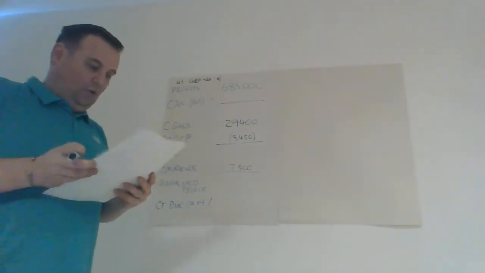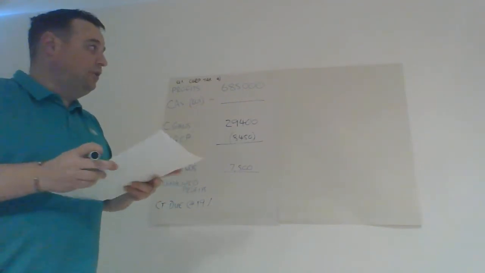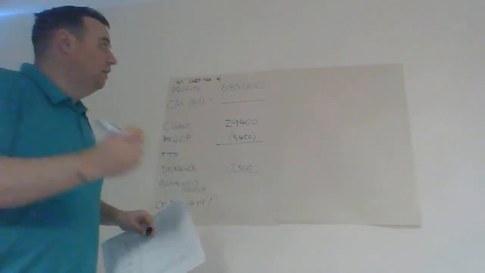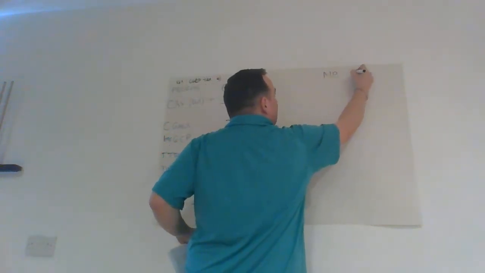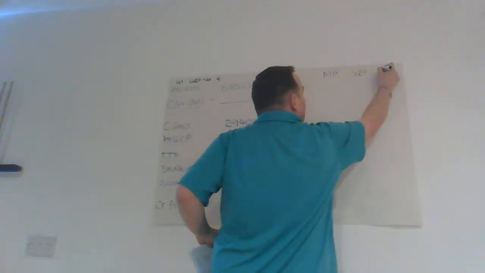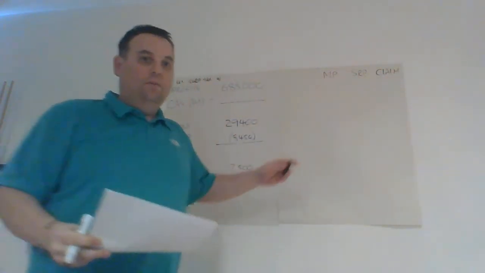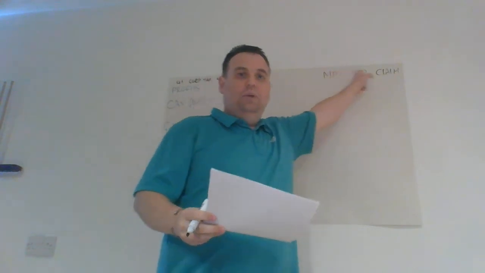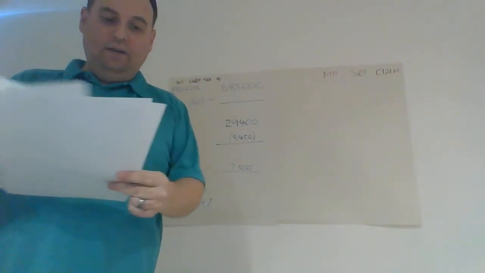Now, our capital allowances, we are told in the question that there is both a main pool and a special rate pool. That means we need 3 columns. Main pool, special rate pool, the amount to claim. So we can dive straight in.